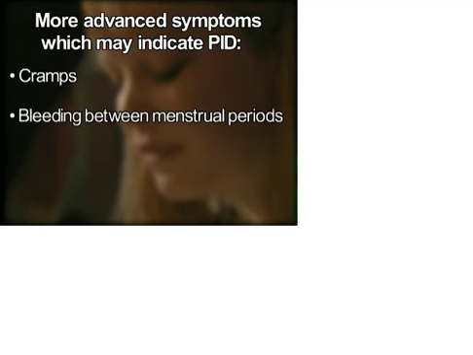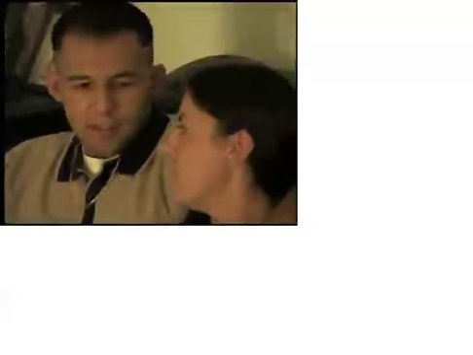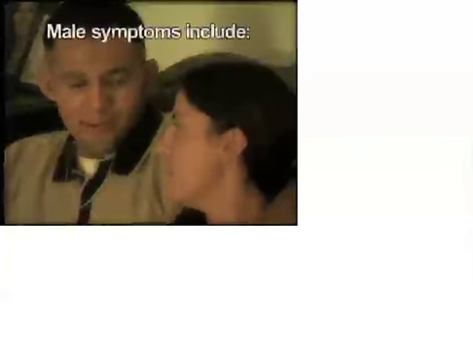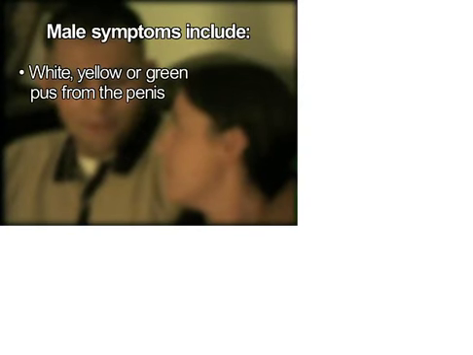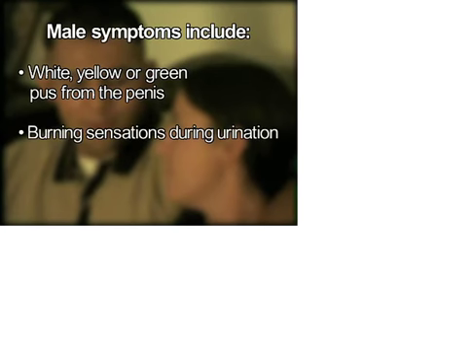More advanced symptoms, which may indicate development of PID, include cramps, bleeding between menstrual periods, vomiting, or fever. Men have symptoms more often than women, including white, yellow, or green pus from the penis with pain, burning sensation during urination that may be severe, swollen testicles.